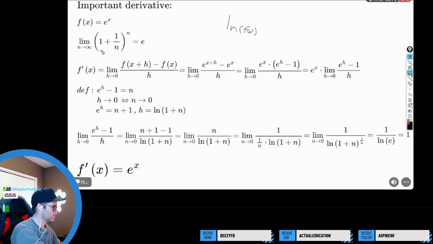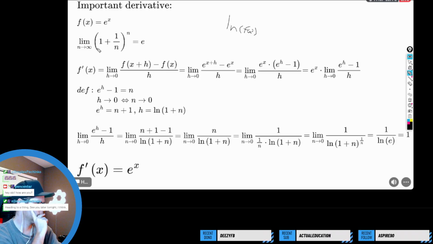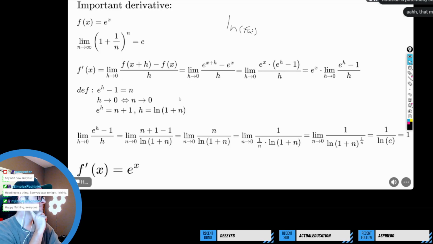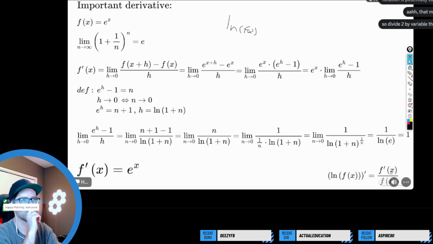We can actually use pretty much the same thing as we used here to prove it, and it is a pretty fun thing to do, as it is basically the same thing, just with the ln at the start. So this is what we have for the ln of f of x, which is f prime of x over f of x.